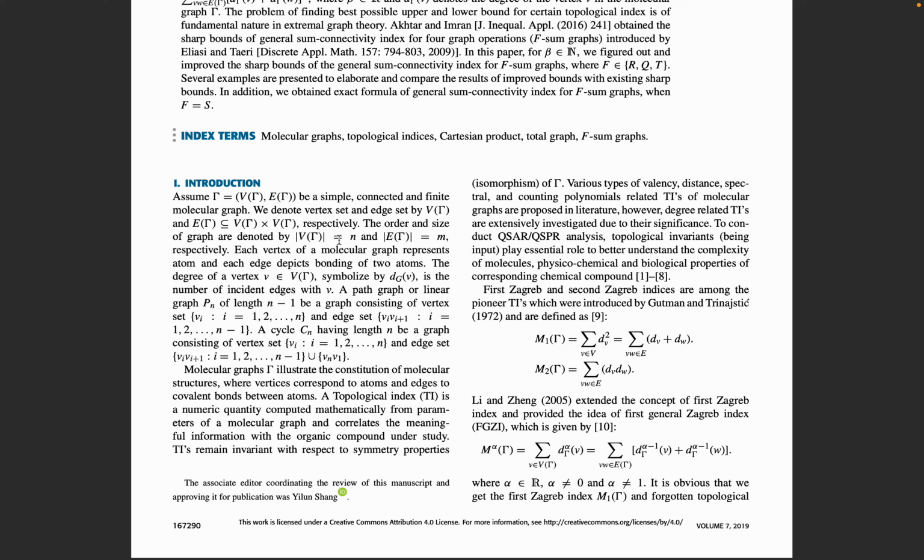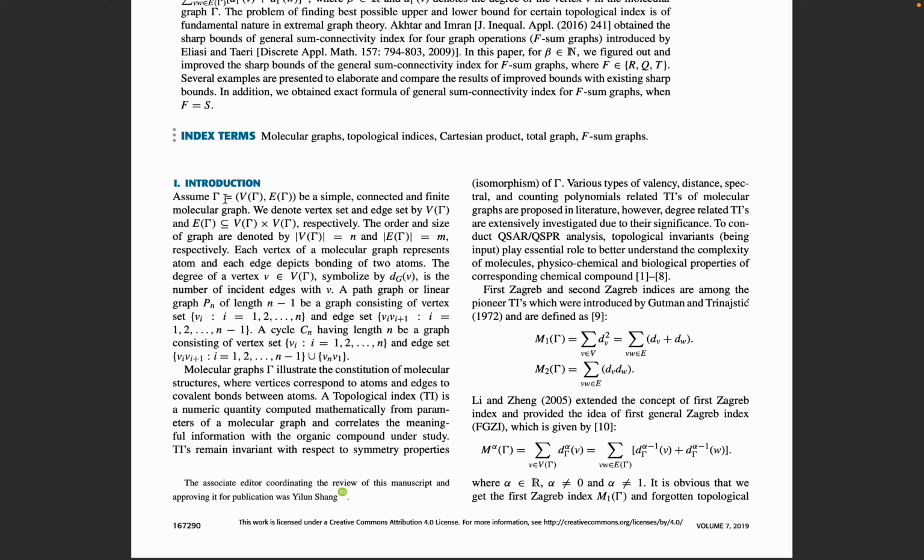In the introduction of this topic, assume T is equal to (Vt, Et) be a simple connected and finite molecular graph. We denote the vertex set and edge set by Vt and Et respectively.